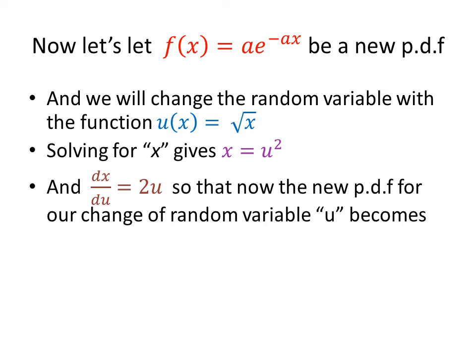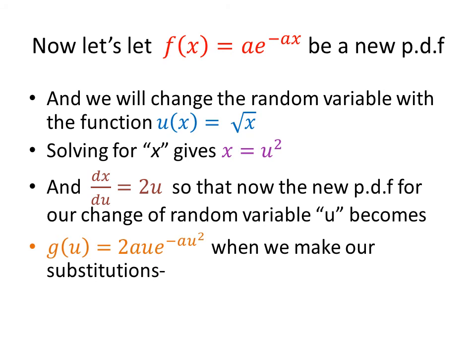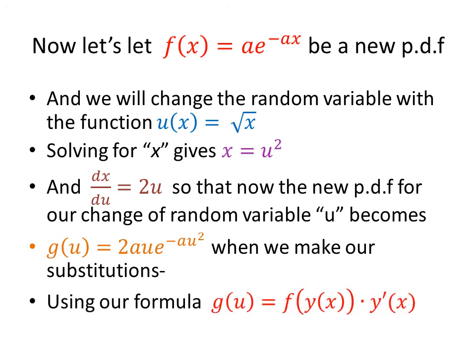Derivative equal 2u. So that now the new probability density function for our change of random variable u becomes g of u equal 2a times u times e to the negative au squared when we make our substitutions, and using the formula given in red below. This new probability density function, g of u, is very interesting. We're going to study it next.